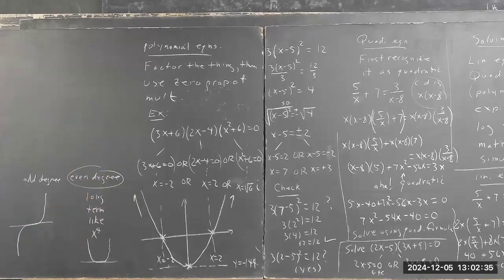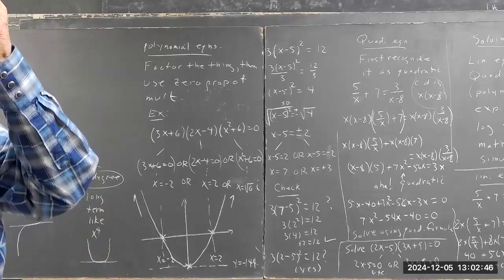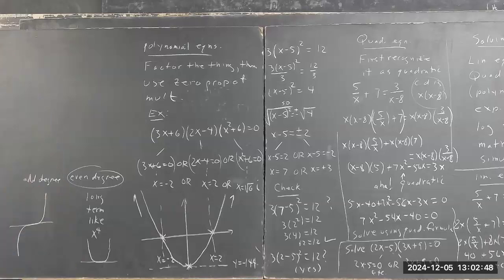So you want to be able to graph polynomial functions, and really with practice, it should be pretty easy if you have the factored form. If you don't have the factored form, well, I might ask you to do that. Okay.